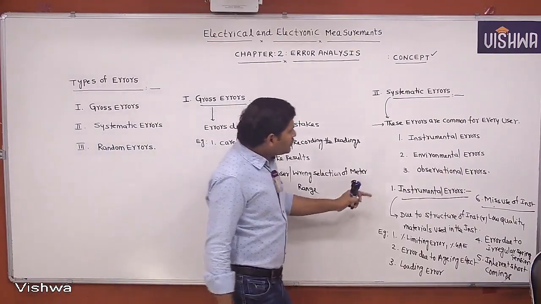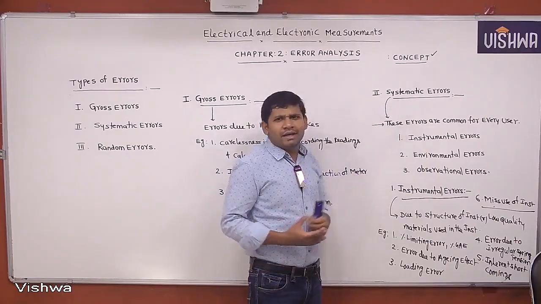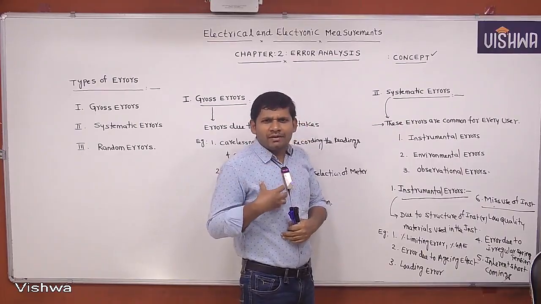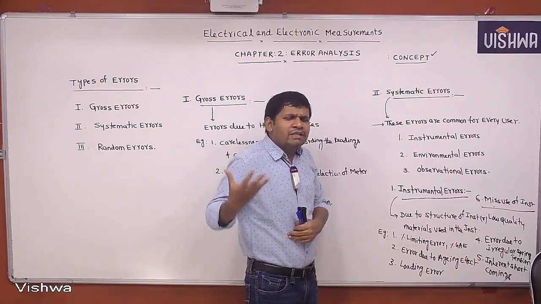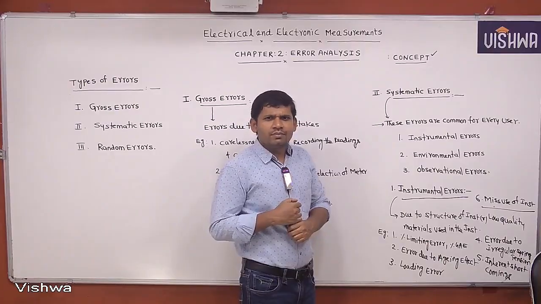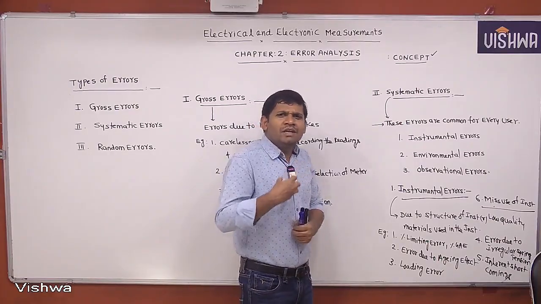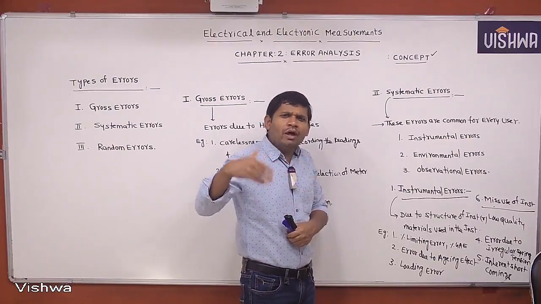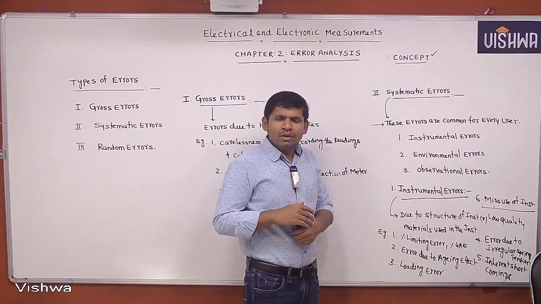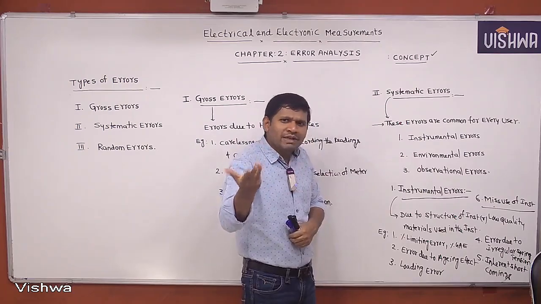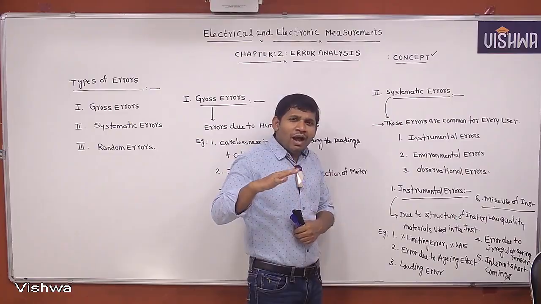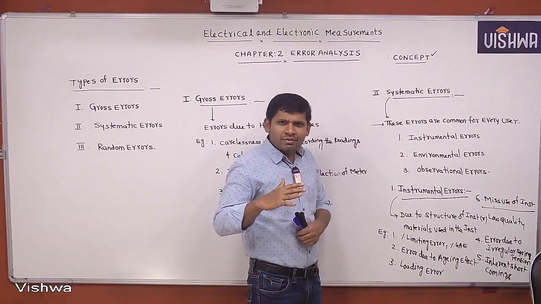Why are these instrumental errors called systematic errors? For example, I am doing one experiment using one instrument. Because of that instrument, I am getting 2% error. The same instrument you are also using. Due to that instrument, you also get 2% error only, right? That's why it does not depend on the person.